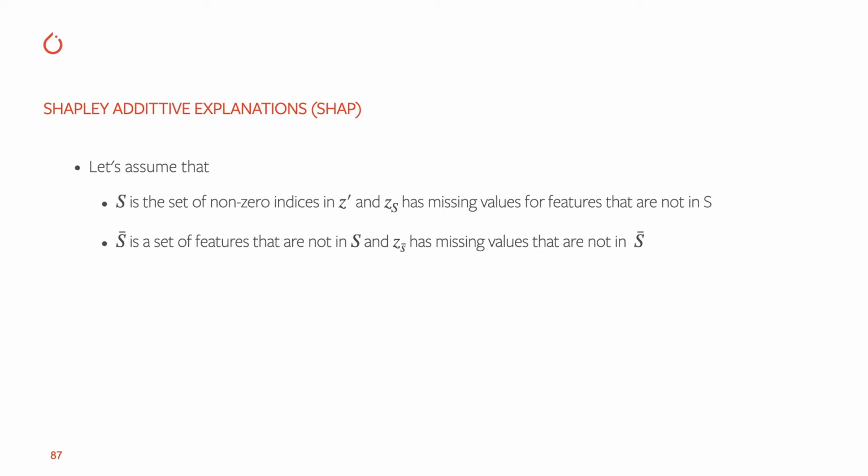So with Z_S and Z_S complement, we are defining two sets that contain features that are missing in one but are present in the other set.